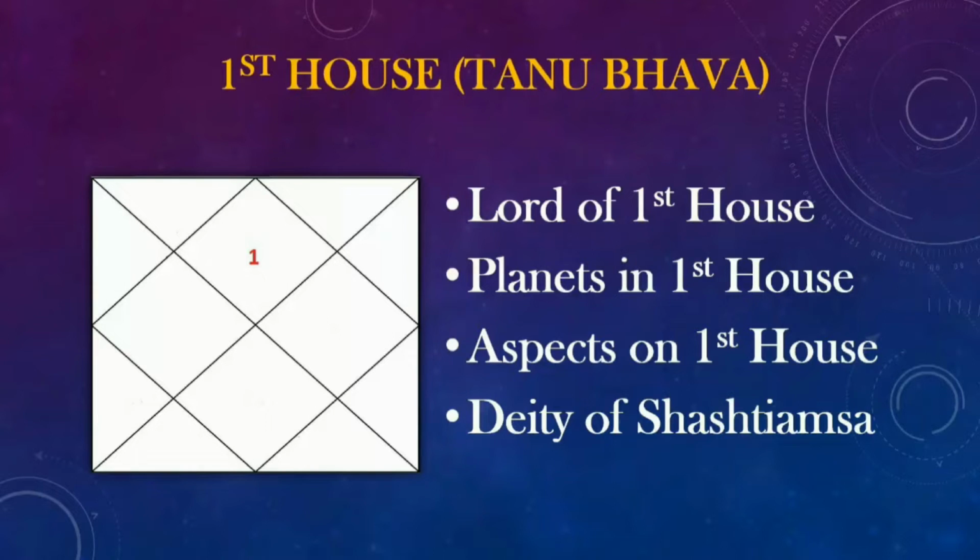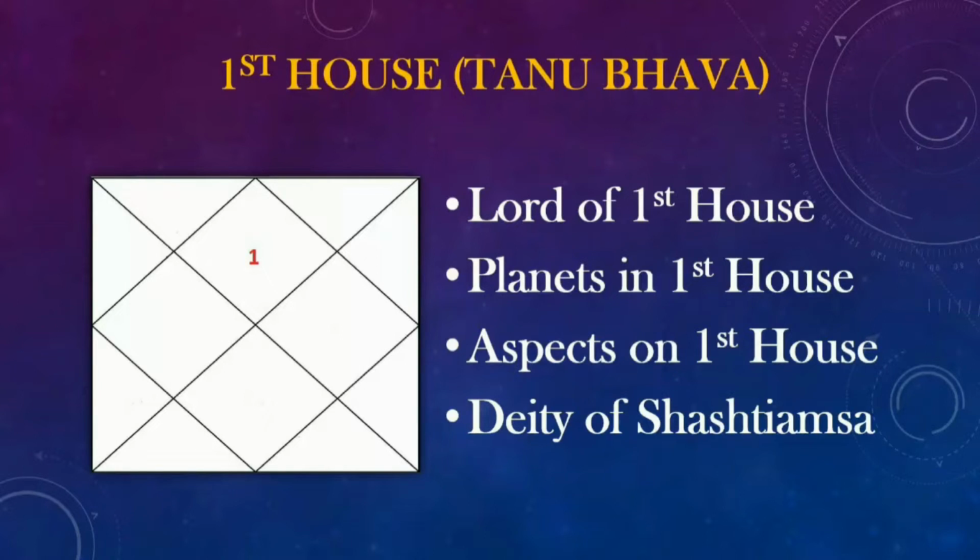The very first thing you need to analyze is the first house of the Shastiamsha chart. The first house of each and every divisional chart is very important. The strength of the first house plays a very decisive role in the analysis of the Shastiamsha. If the first house is free from any kind of malefic influences, it indicates auspiciousness in life.